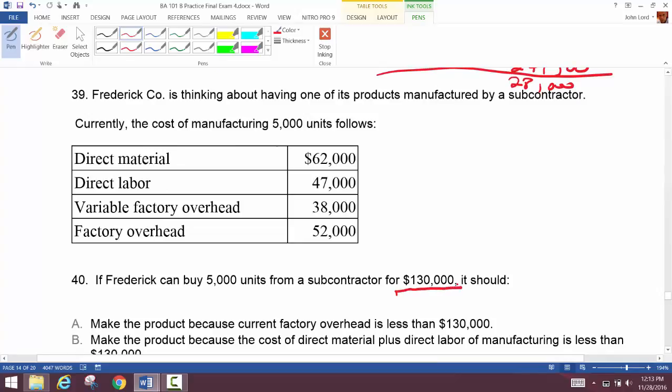Do you want to make it or buy it? Well, if you make it, do you still have to incur the 62,000 of direct materials? Okay, so it's going to cost me 62,000 to make it. Do I have to incur the 47,000 of labor? Going to have to incur that cost. Okay, good. Will I have to incur the variable factory overhead?